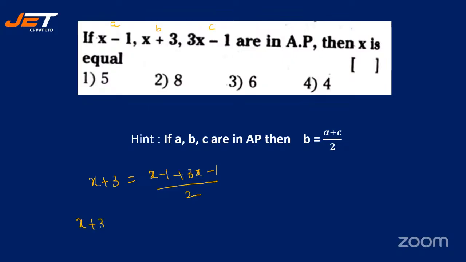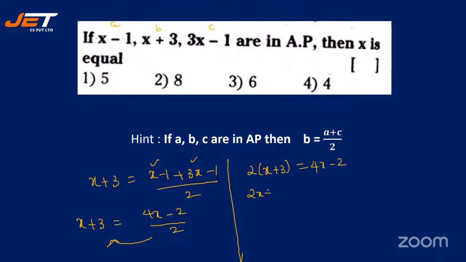So x plus 3 is equal to, now let us try to solve, 3x plus x is 4x minus 2 by 2. All right. So let's take 2 to the other side. It becomes 2 into x plus 3 is equal to 4x minus 2.